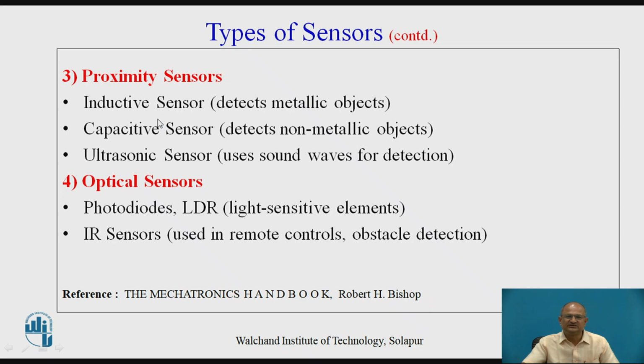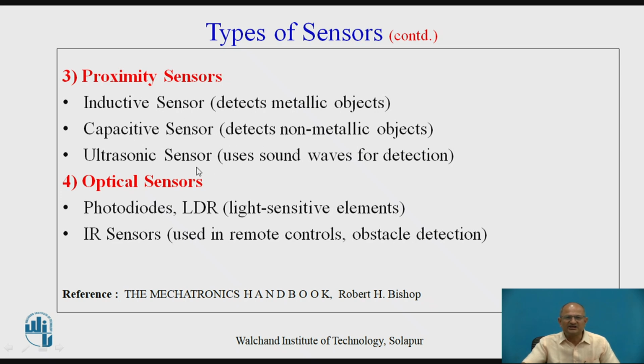The object may be a metallic object or a non-metallic object. If the object to be detected is a metallic object, then we use an inductive sensor. If the object to be detected is a non-metallic object, then we use a capacitive sensor.